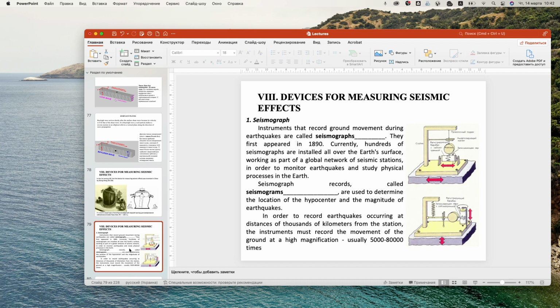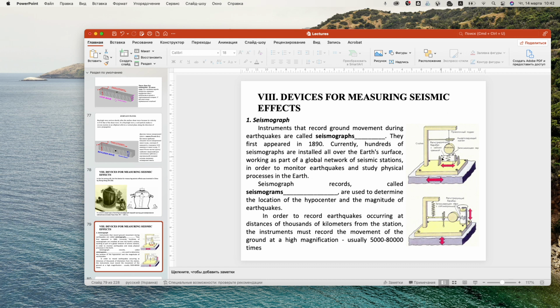And seismographs have very many variations. So simpler seismographs look like this. When the earthquake starts, this pendulum element stays fixed in this position because it is under the influence of gravitation.